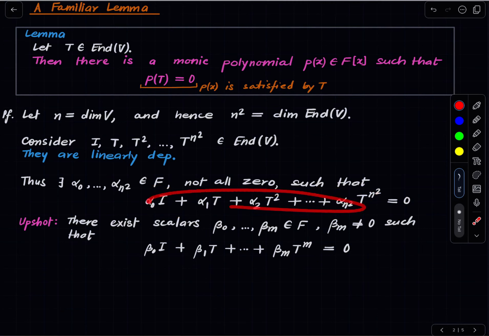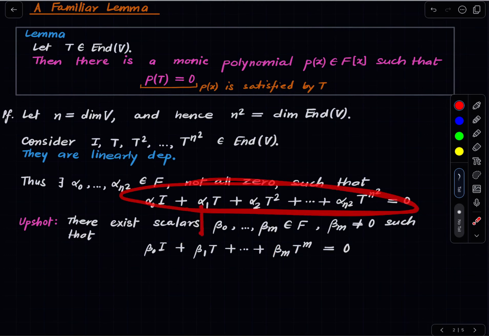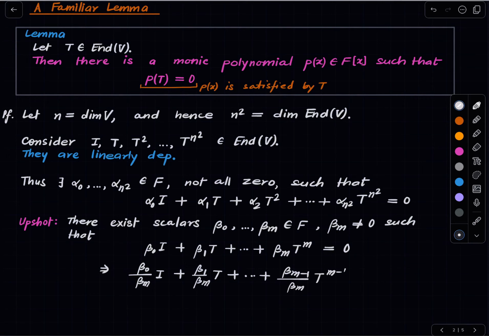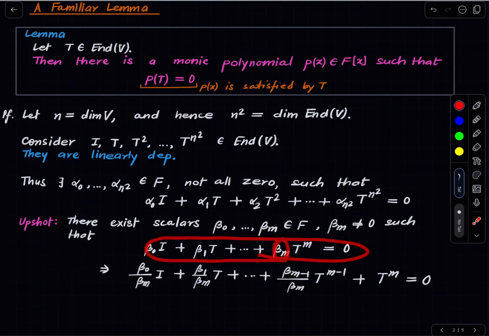Since not all of them are 0, you start scanning from the right hand side. At some point you will arrive at a scalar which is non-zero, and that is where we start the list from the right hand side. It is just primarily a change of notation, but it is useful that this last one is non-zero. Useful how? This implies that this is the case because all we have done is we have divided both sides by beta m.